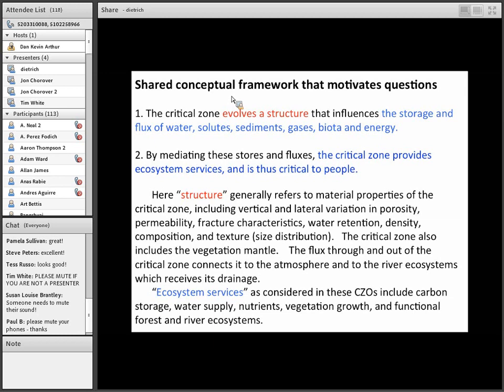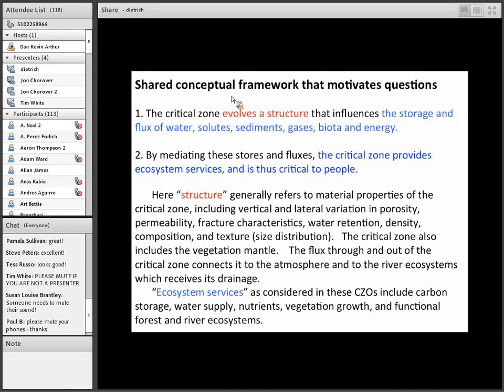So I think you see in this ride then of the 10 CZOs there's a shared set of questions about how the critical zone operates, but a varying emphasis from fundamentally the development and architecture to fundamentally the influence of humans and how we mediate or direct the future state of the critical zone.